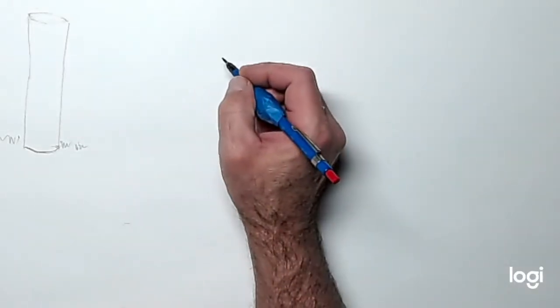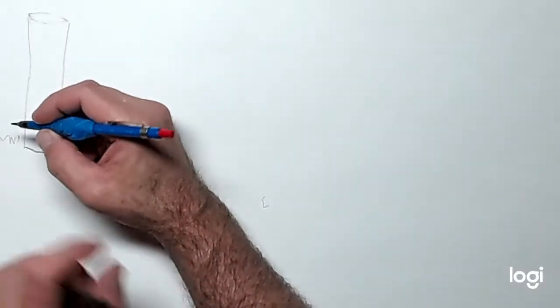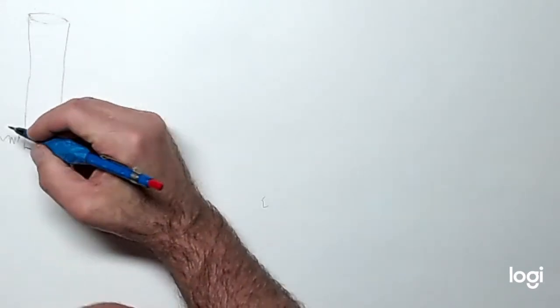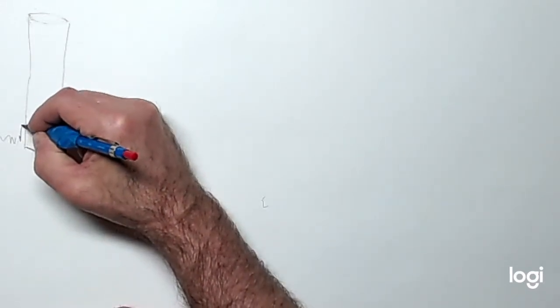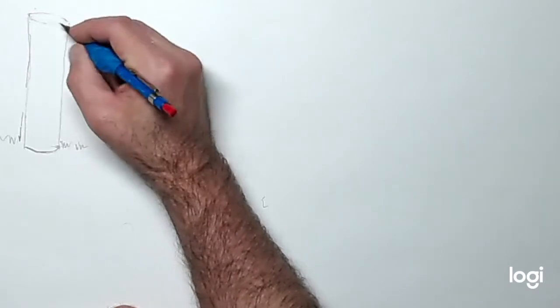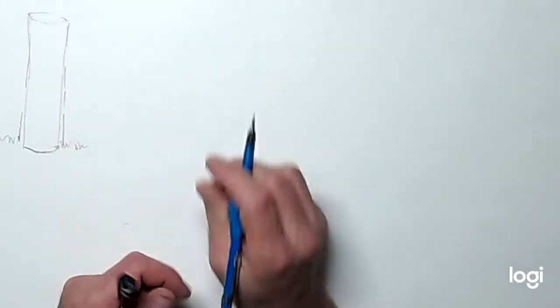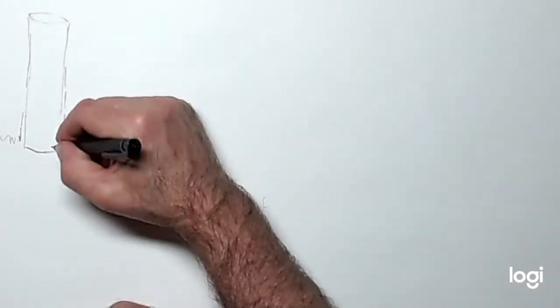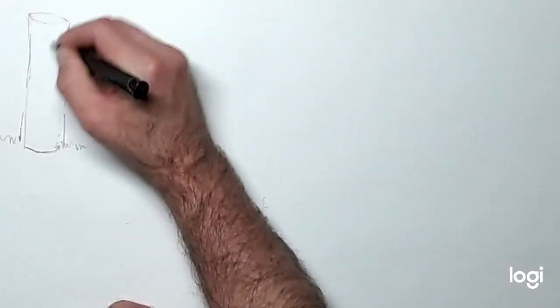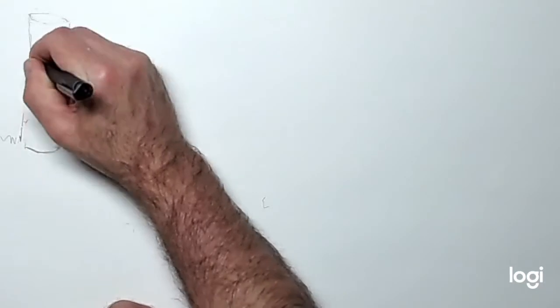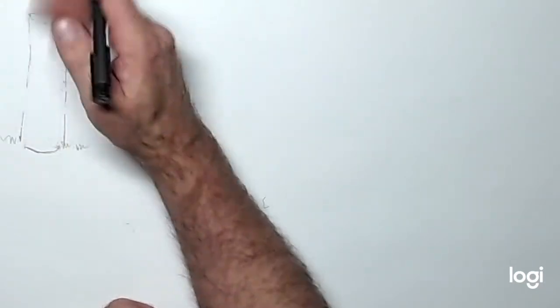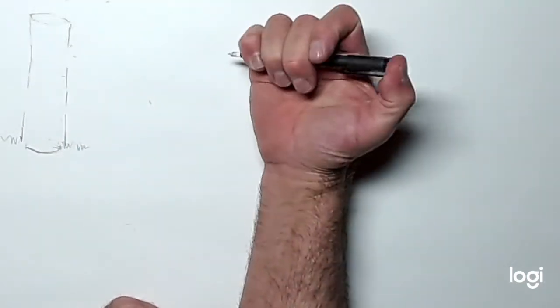Another nice thing to do is to allow the tree trunk to be big at the bottom and smaller as it moves its way up. And that has something to do with the way things grow. Things tend to be bigger at the bottom and smaller at the top.